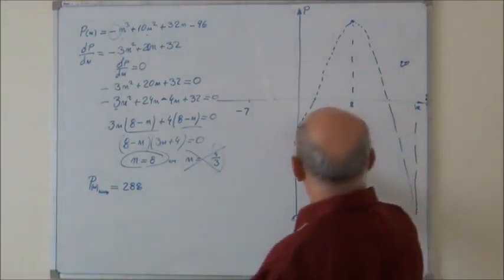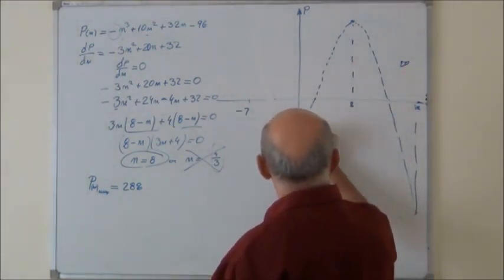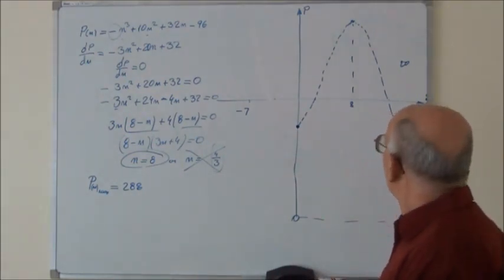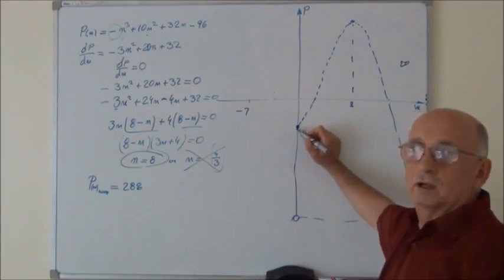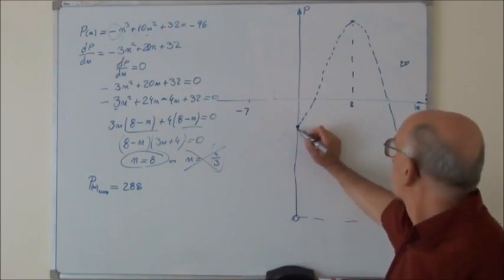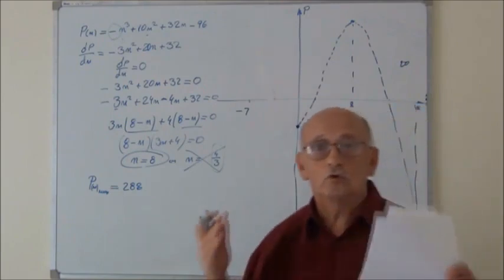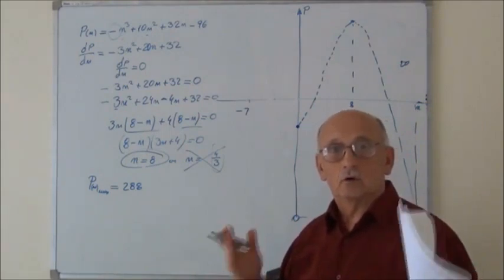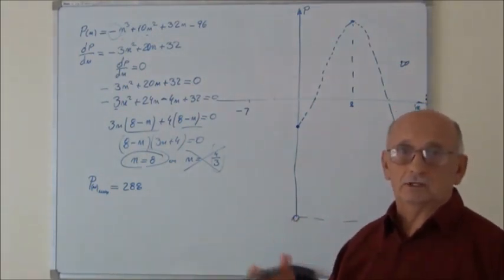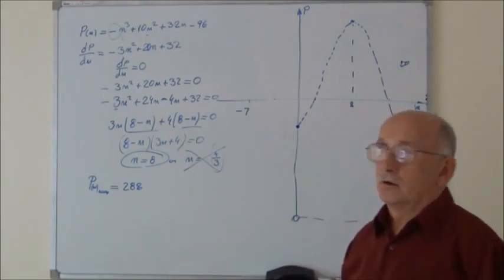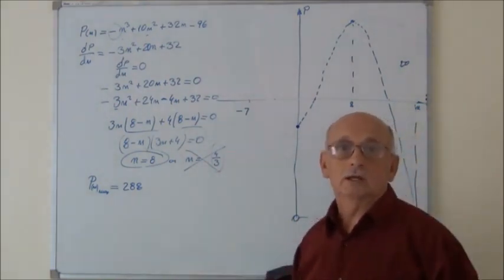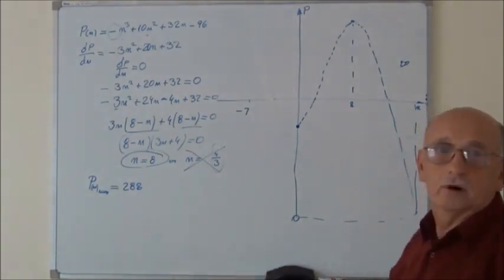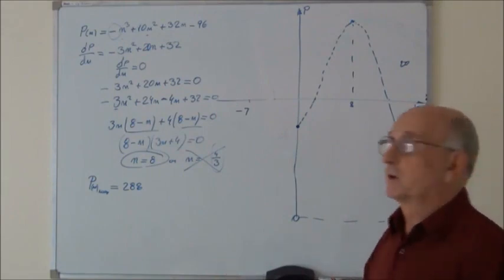Of course, this point is included because maybe there are no employees at all, and in that case the owner will have negative profit. So if there is not one employee there, the owner will incur some losses, because there are other fixed costs, not just labor, like electricity and any other stuff that has to be paid, even if the company doesn't work. For example, rent of premises and things like that.